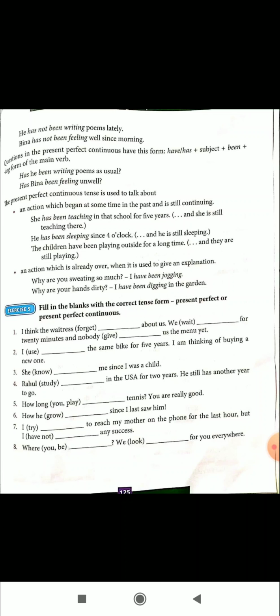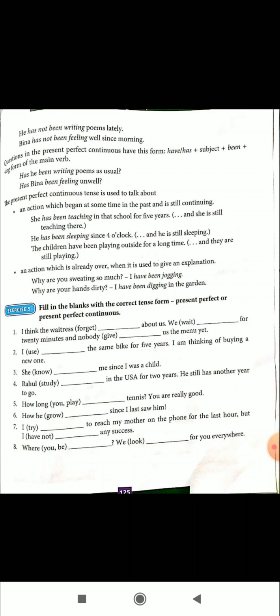Another important point you have to remember is that the two prepositions since and for are usually used with present perfect continuous tense. Since is for showing definite time: since 9 o'clock, since 8 o'clock, since yesterday, since last week.